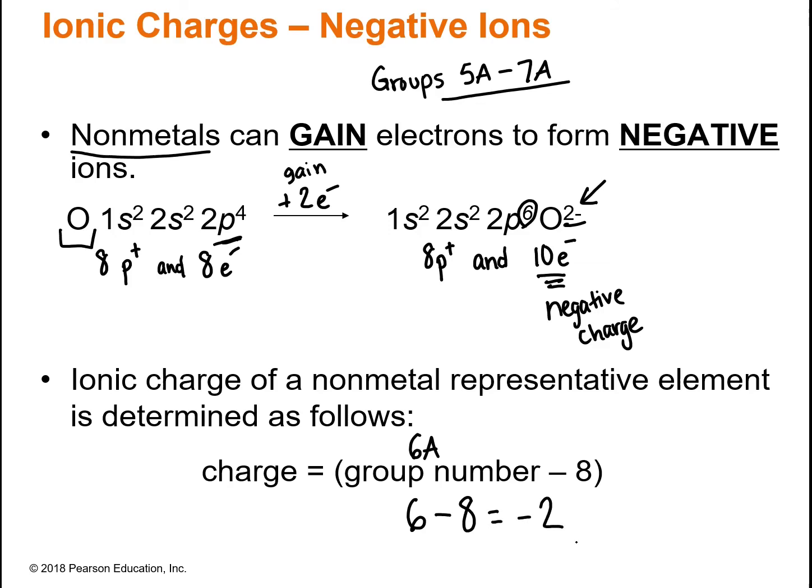That gives you a -2. So that means that all 6A elements have a -2 charge as ions. So that's a fast way to figure it out.